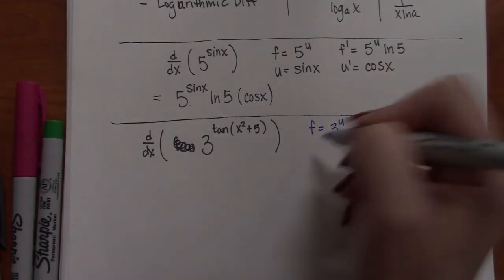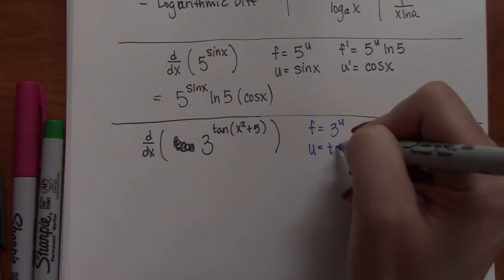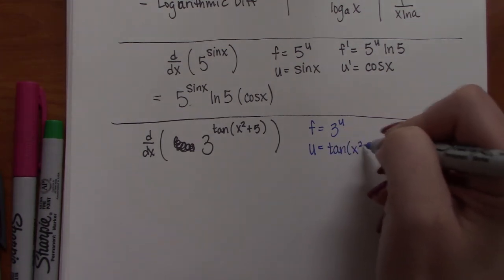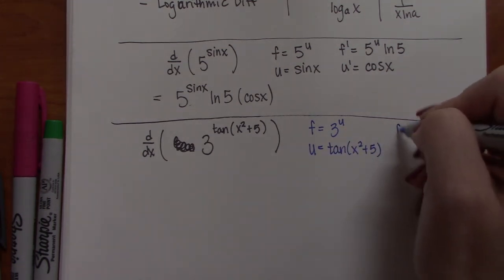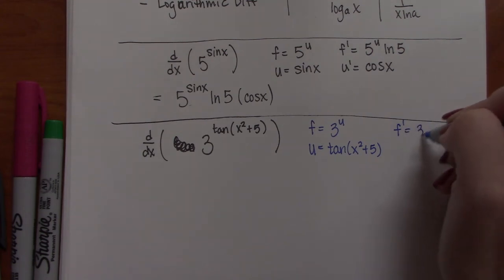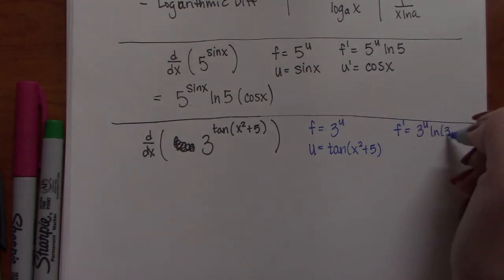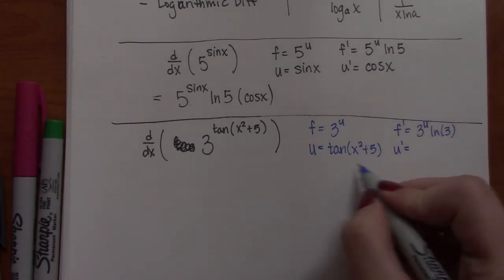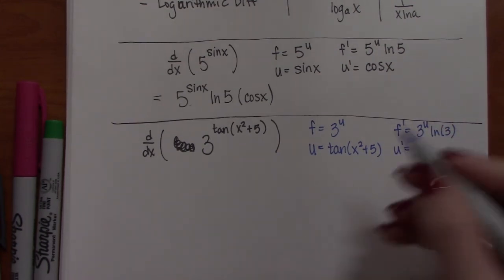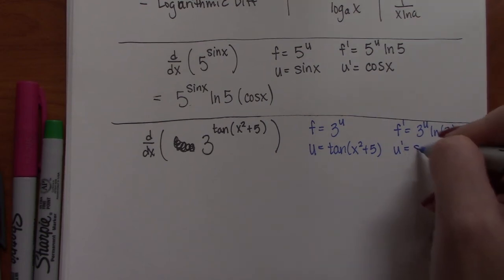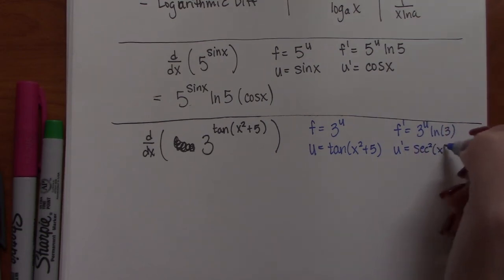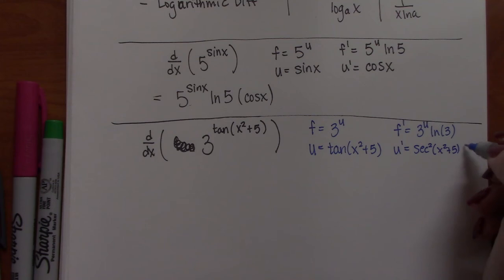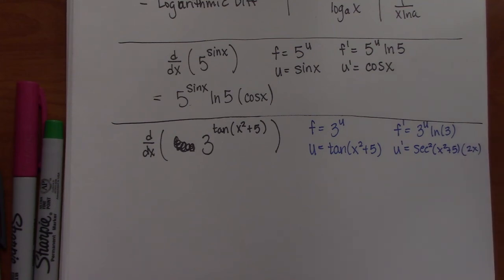Okay. So this one, the outside function was 3 to the u, and the inside function was tangent of x squared plus 5. So the derivative of the outside function is 3 to the u ln of 3. The inside function, well, you have another chain rule here. So the derivative of the outside is secant squared of that stuff, and then we have to multiply it by the inside.